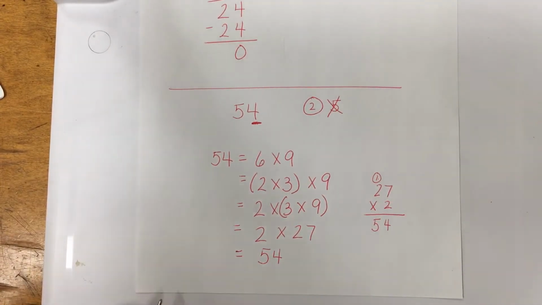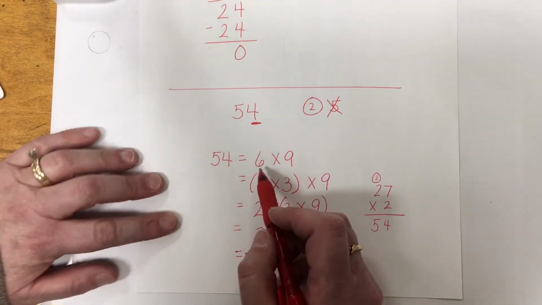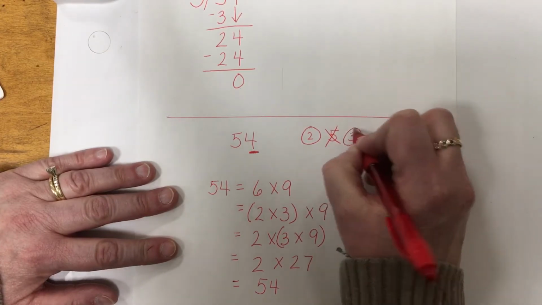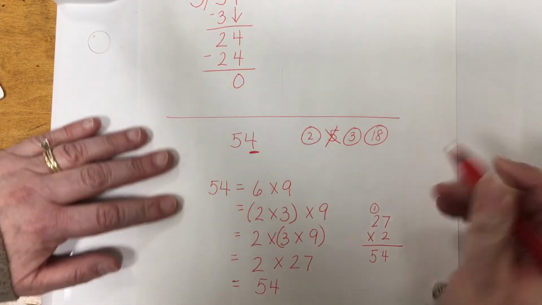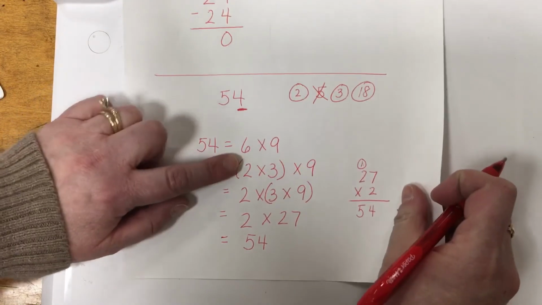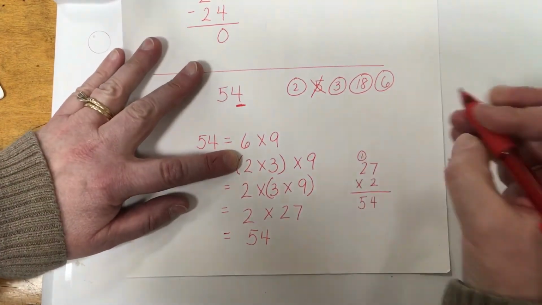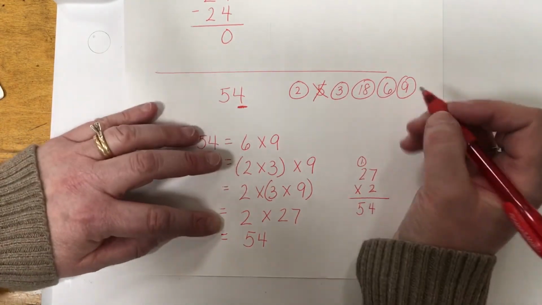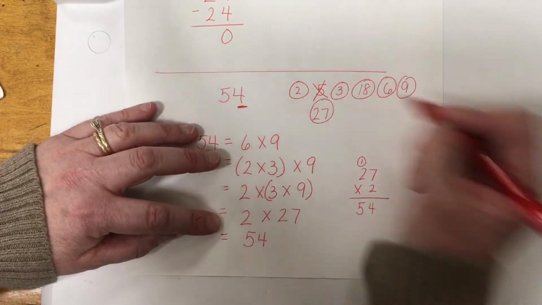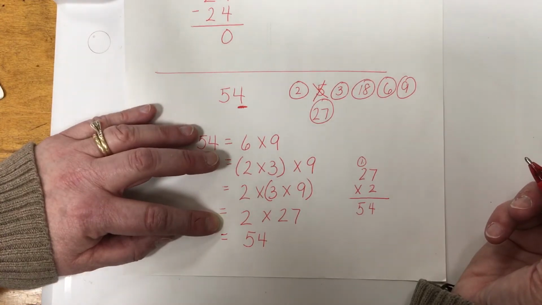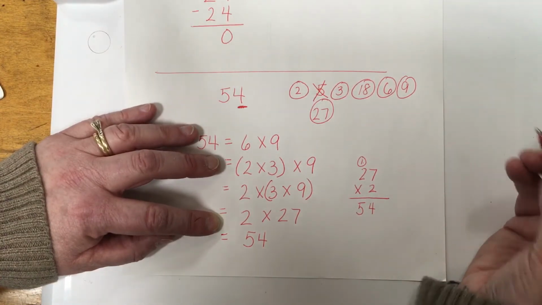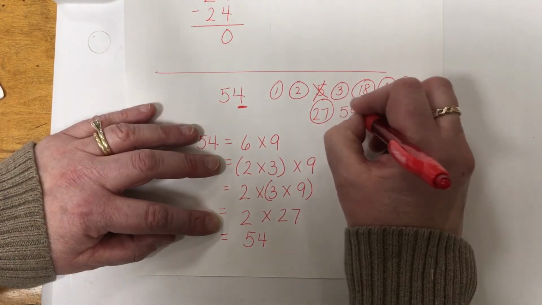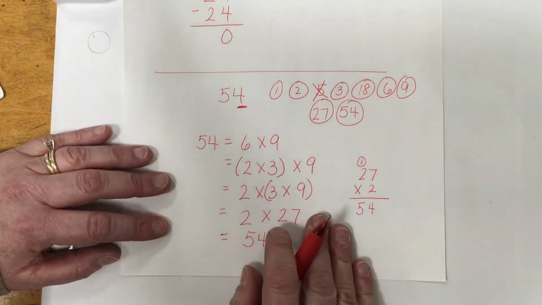So then we know that from up here, 3 was a factor, 18 was a factor. We know that 6 is a factor, 9 is a factor. We know that 27 is going to be a factor. And obviously we know 1 will be a factor, and 54 will be a factor.